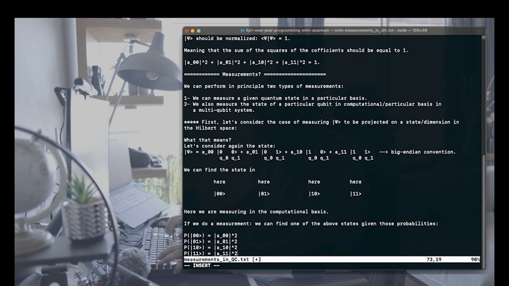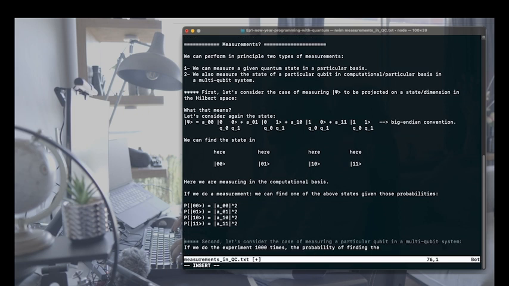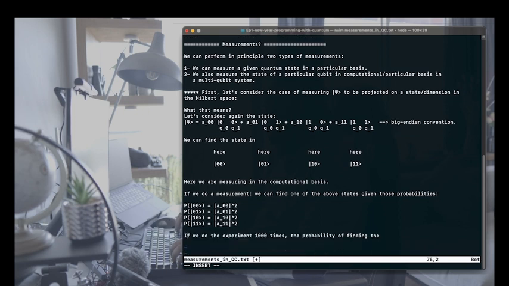So if we do the measurements, we can find that the probability to find the ket psi projected in a particular basis state will be the squares of these complex coefficients, which means that if we do the measurements 1000 times, the number of times we find the state 00 is basically 1000 times the probability of ket 00.